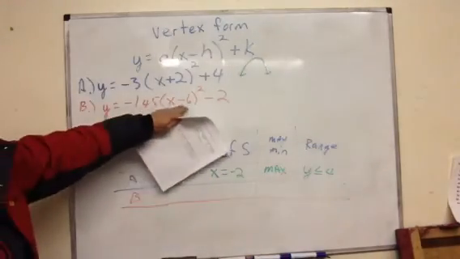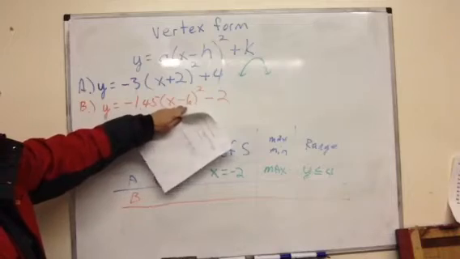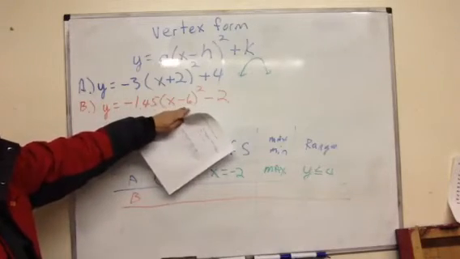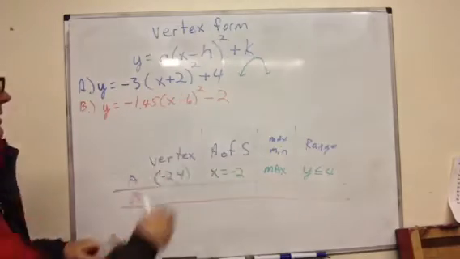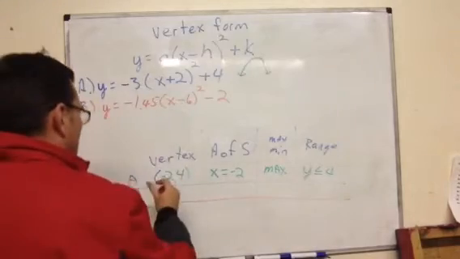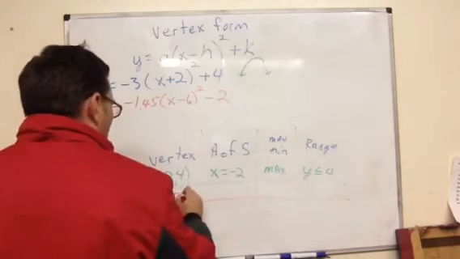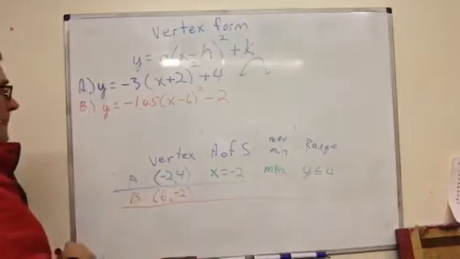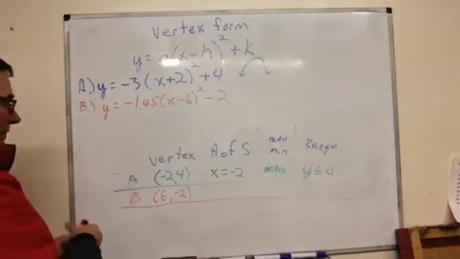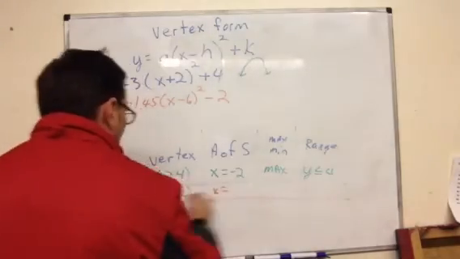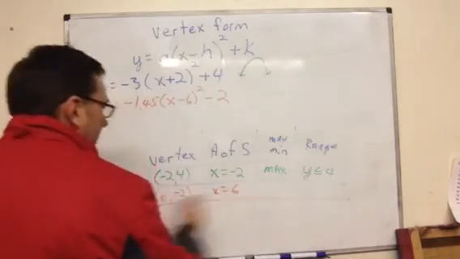What's going to make this equal to 0? Is it positive 6 or negative 6? Is it 6 minus 6 or negative 6 minus 6? Again, because it's minus, we're going to keep this as a positive 6. And there's a negative 2 here. There's our vertex. Axis of symmetry, x equals our value right there of 6.